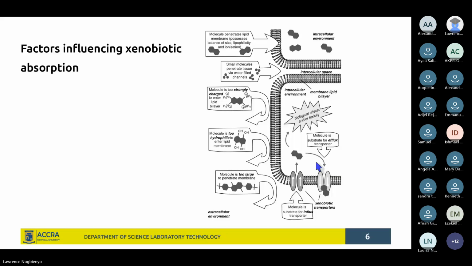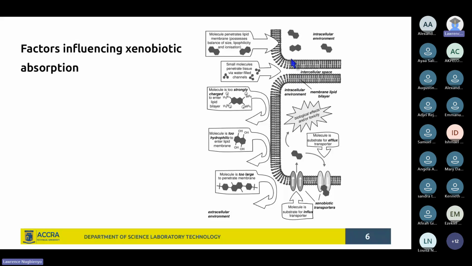Right. Now we go on to look at some factors that influence xenobiotic absorption. What we have here is a cell. The very first part there shows a cell whose membrane is made up of a lipid bilayer.